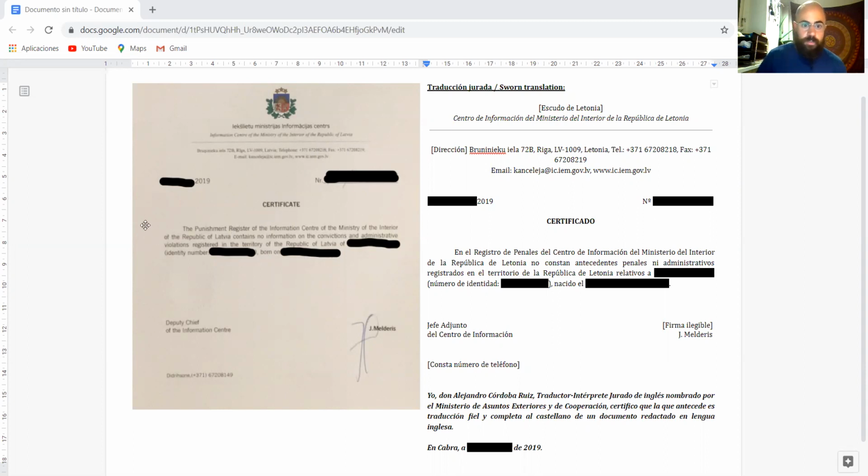The Punishment Register of the Information Center of the Ministry of the Interior of the Republic of Latvia contains no information on the convictions and administrative violations registered in the territory of the Republic of Latvia of, this is the name of the person, identity number, and born on. Deputy Chief of the Information Center, J. Melderis, and a phone number, okay?